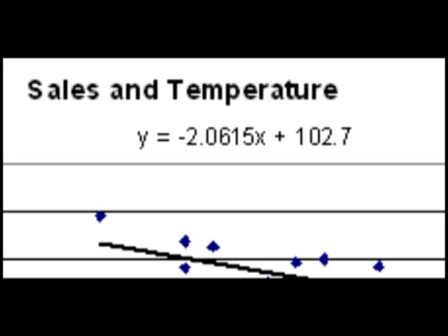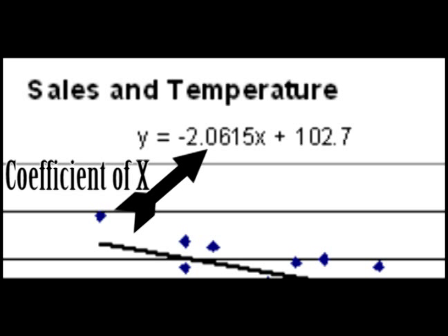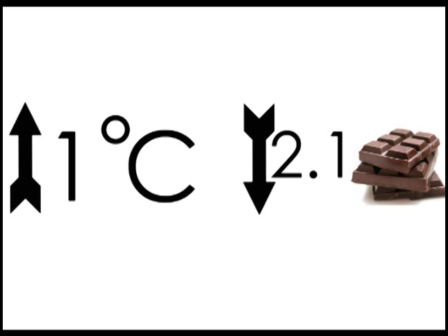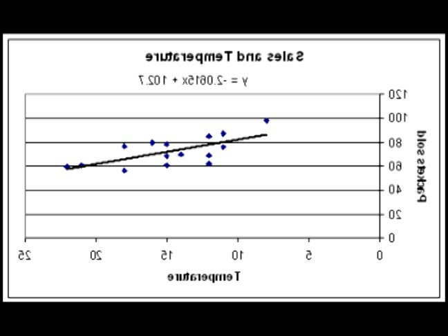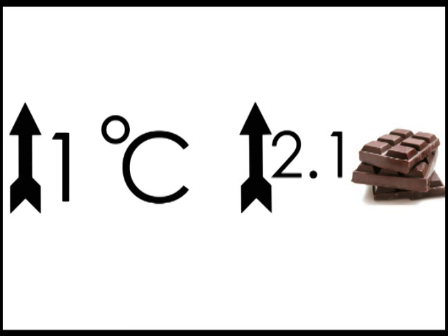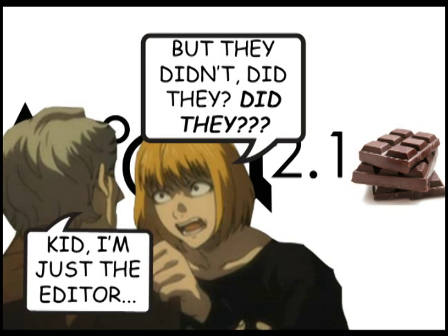The slope value, negative 2.1, also known as the coefficient of x, tells us that for each extra degree of temperature, on average, the daily sales decreased by 2.1 packets of Choco Nutties. We say it has decreased because it has a negative slope. If it had had a positive slope, then the daily sales would have increased for each extra degree of temperature.